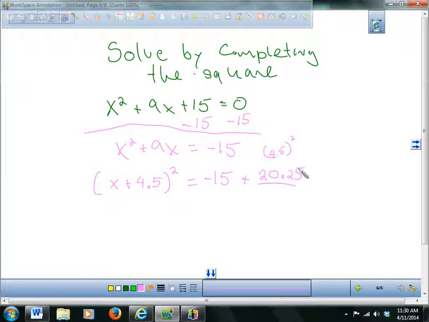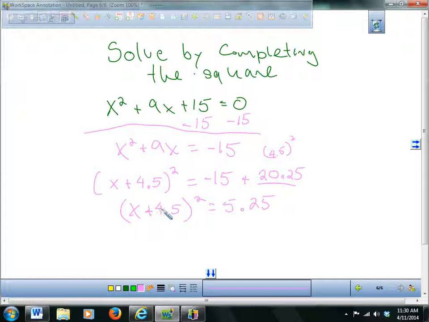Okay? And the reason to use completing the square is that in numbers you can't always solve problems by factoring. And this is a case in which you can't solve it by factoring, so you have to do something else. So now I get x plus 4.5 quantity squared equals, that comes out to be 5.25, is that right? 5.25.